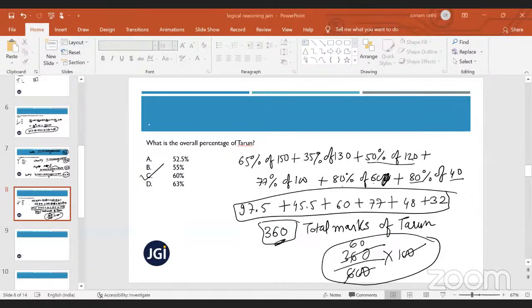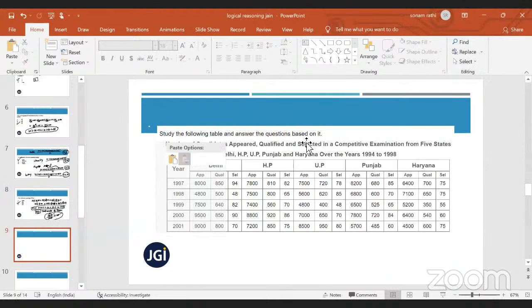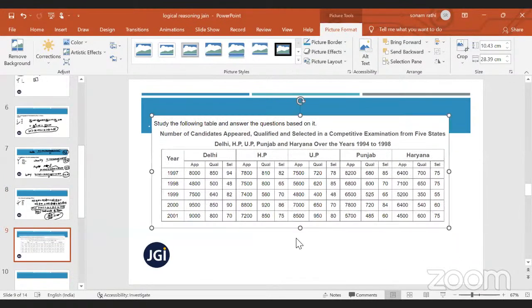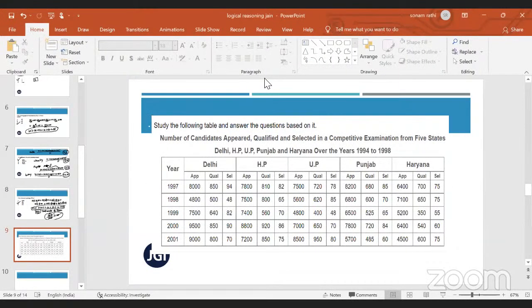Yes. Okay, let's do the next chart. Okay, next data. Everyone, carefully note down the data. First of all, noting down the data properly is important. So first note down the data, then we will understand what kind of data is given to you, and then we will solve questions.